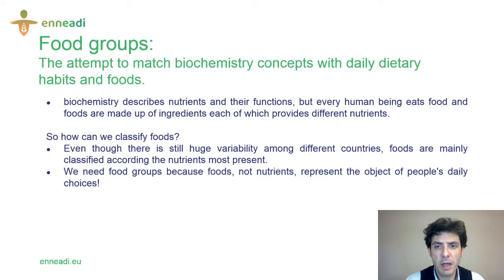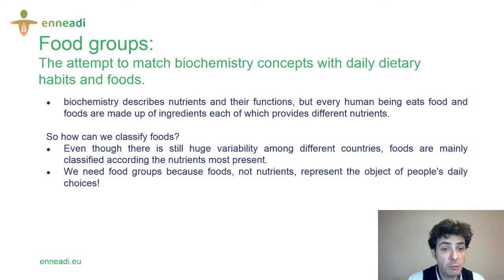But something we have always to remember is that every human being eats foods, and foods are made up of different nutrients. So, how can we classify foods? Well, there's still a huge variability, a huge debate among countries around the world. But in most cases, foods are classified according to the most present nutrient inside of them.